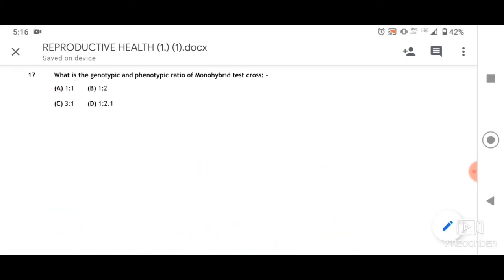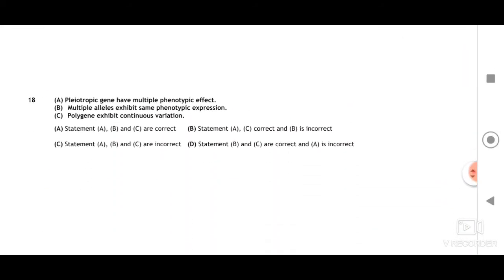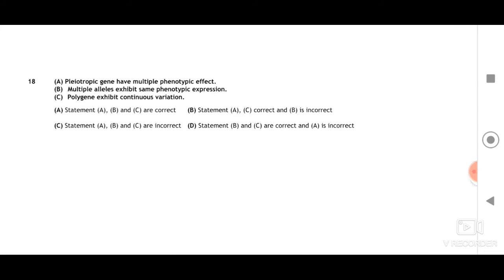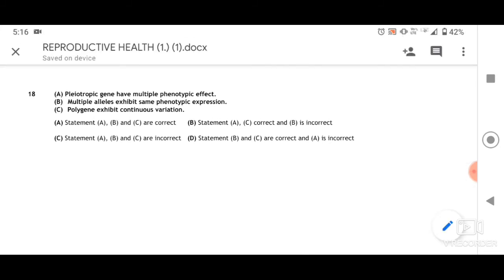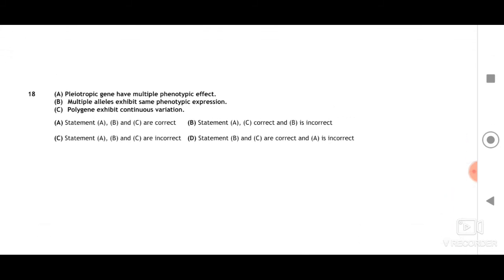Then dear friends, next question we have. Pleiotropic gene have multiple phenotypic effect. Multiple alleles exhibit same phenotypic expression. And the last option is, polygene exhibit continuous variation. Here again it's quite an interesting question.